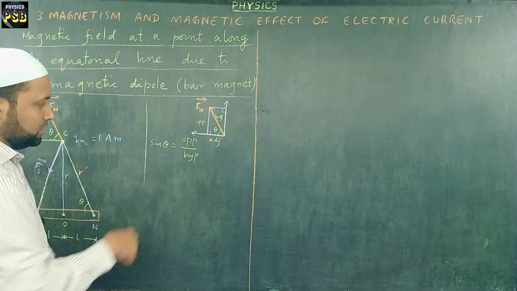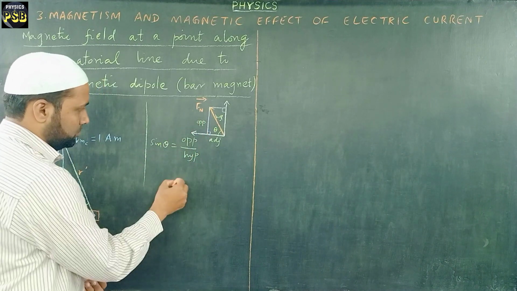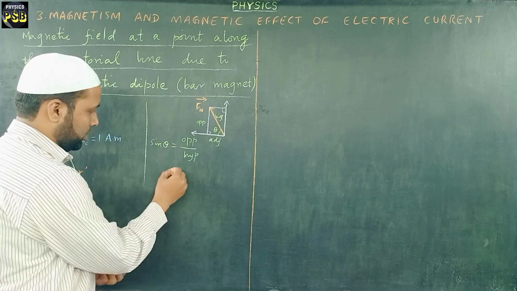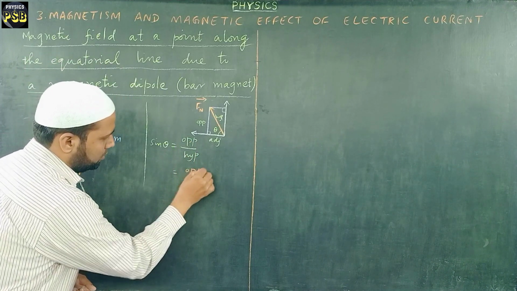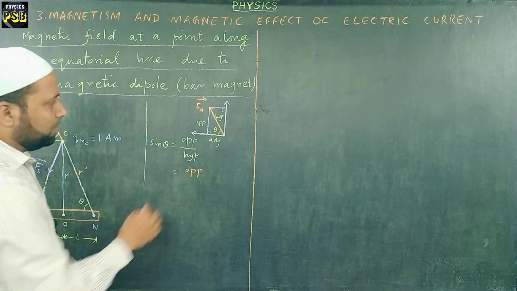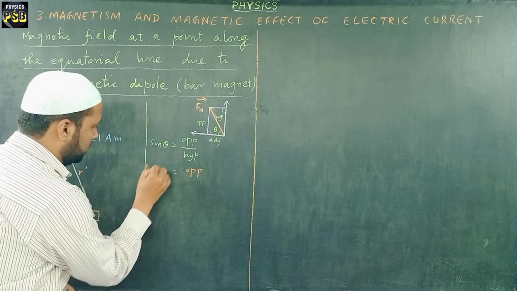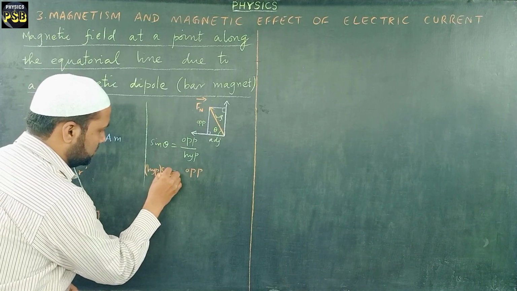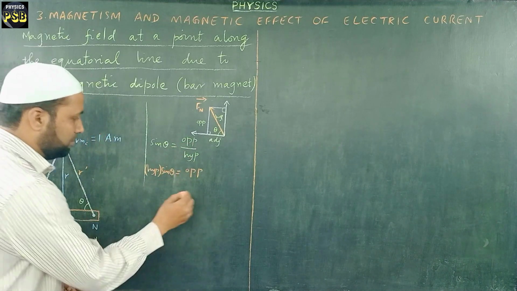So just cross multiply this. The opposite side is obtained if I multiply sin theta with hypotenuse.